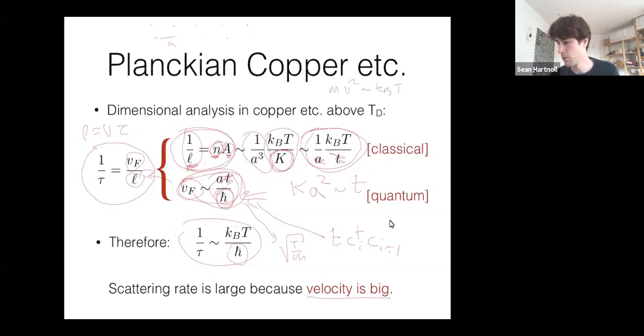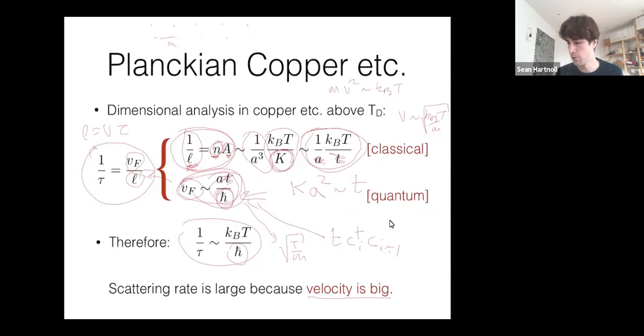And so the thermal velocity would be the square root of kBT over the mass. So that's a typical classical velocity of a thermally excited particle, and there's no hbar in it. So very good. In fact, you can use this formula.